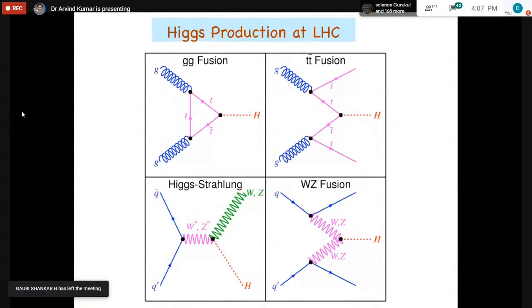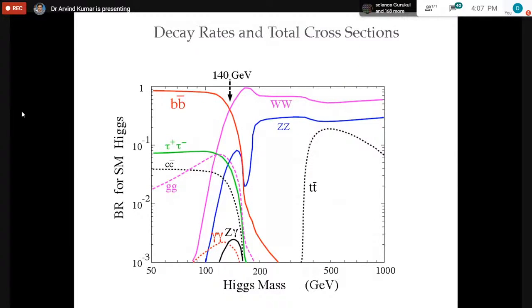And these are the decay rates. Once the Higgs is formed, it decays into bottom, WW, ZZ, top anti-top, gamma gamma, Z gamma. The gamma gamma is a very tiny bump at the bottom, at least 3 orders of magnitude lower than the other things.